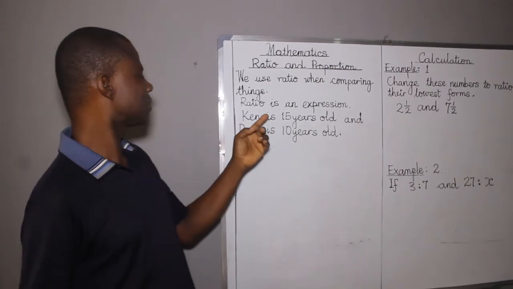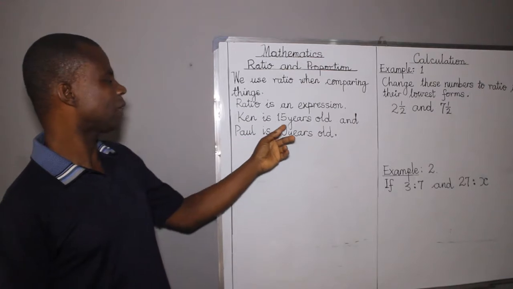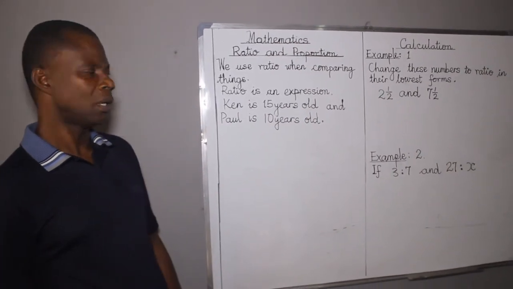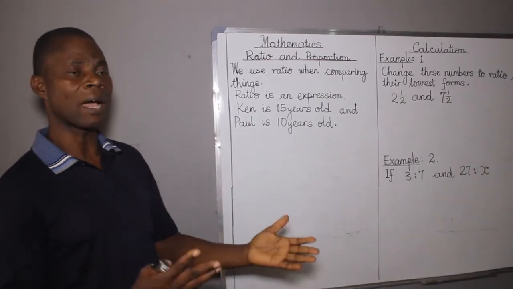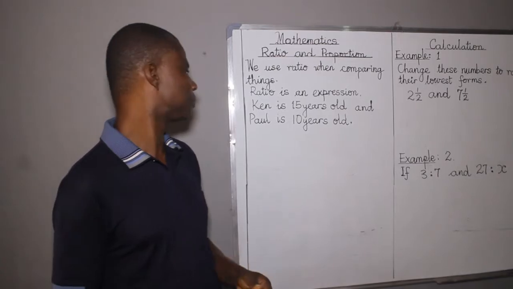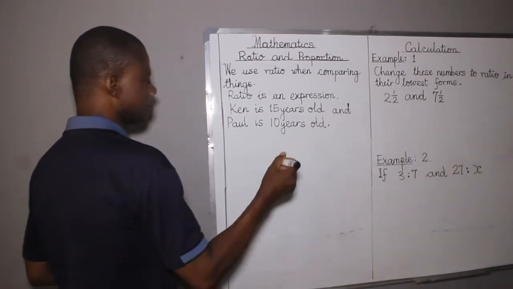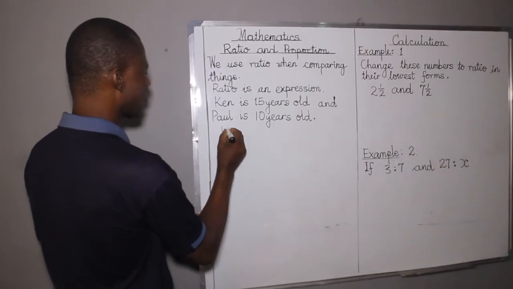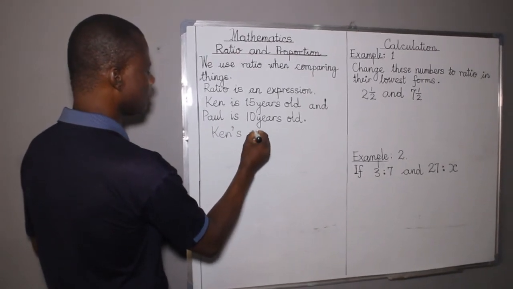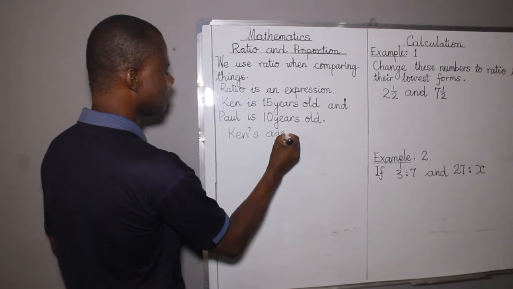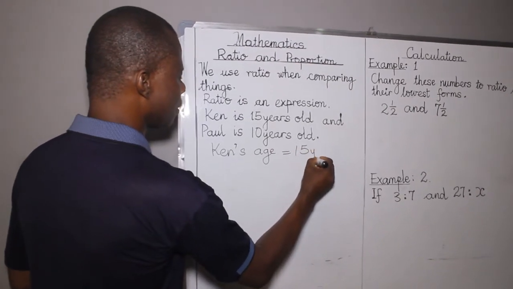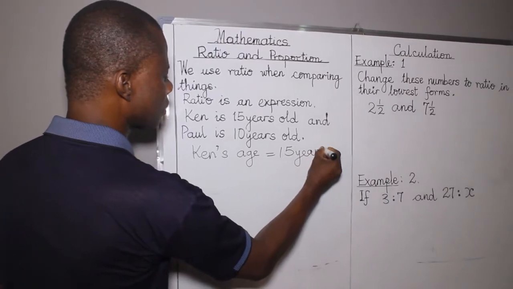For instance, Cain is 15 years old and Paul is 10 years old. These are two boys. We can compare their ages, and that is called ratio. For instance, we say Cain's age is 15 years.